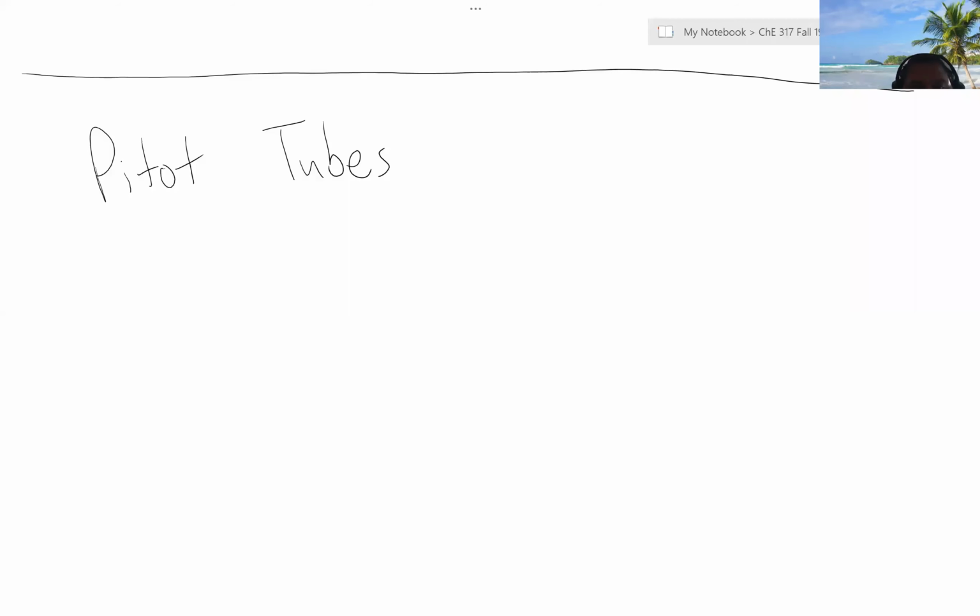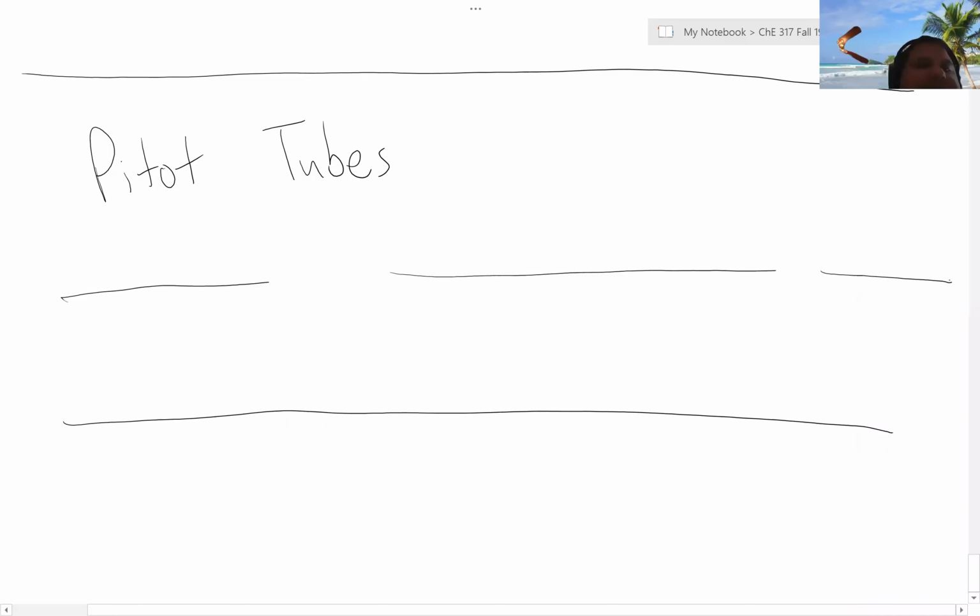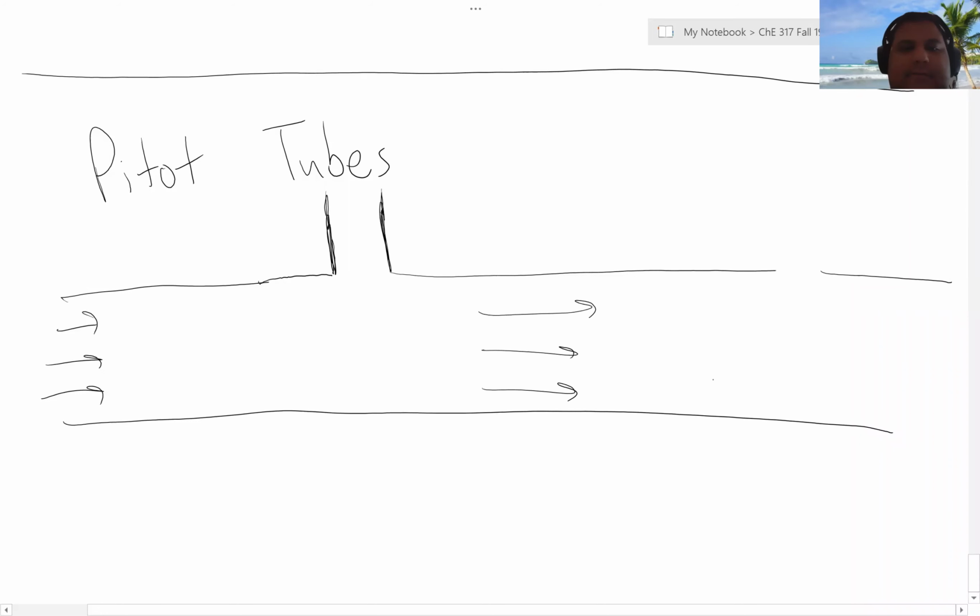Pitot tubes are an interesting way to look at various things associated with a flow system. Now, if I've got fluid moving through a pipe, and I ended up with a couple things. One would be just an extension of the pipe.